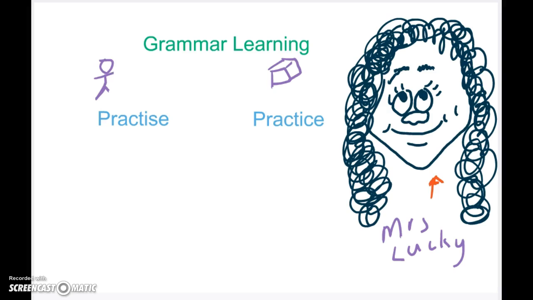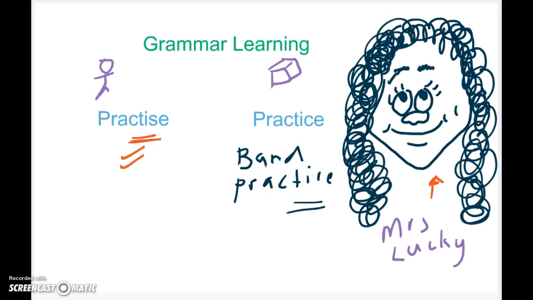You need to practice. Okay, you're right if you said it's the doing one. Okay, absolutely correct. If I said I'm going to band practice, because it's an event, like the ice cube, it's a thing, this is the right practice.